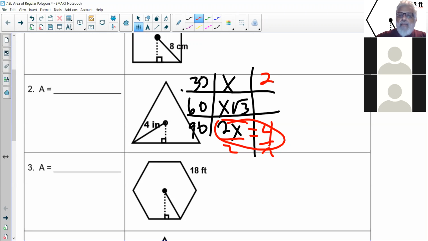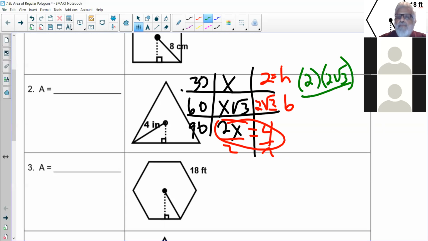That's going to be my height. And then what's my base? 2 square root of 3. There you go. So now I'm going to do my formula: 2 times 2 square root of 3 divided by 2.